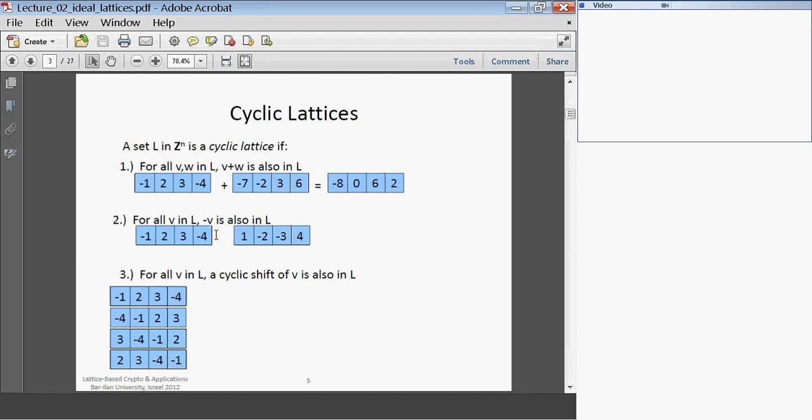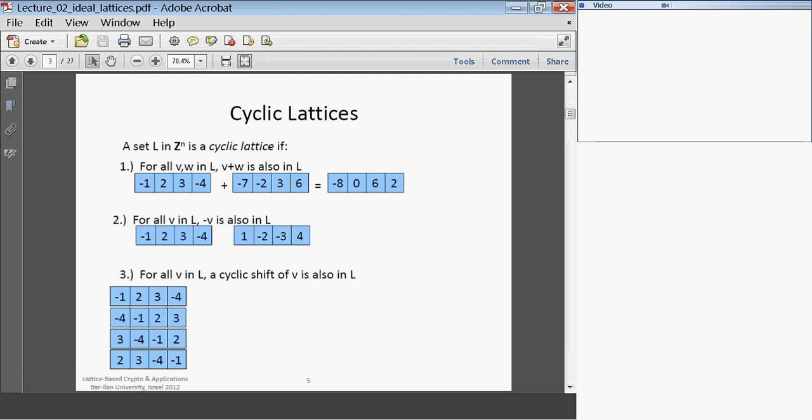In that cyclic lattice, we have the operation of negation defined, which simply means replacing the signs of the integers in the vector. Why they're called cyclic, and the very convenient property that they have, is you can perform a cyclic shift of a certain vector by simply moving the components around, like wrapping them around.